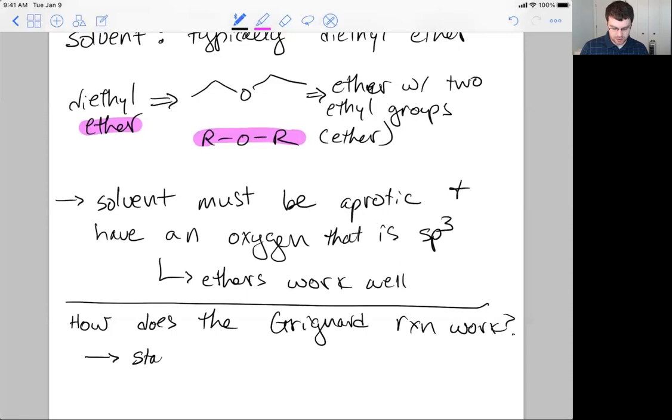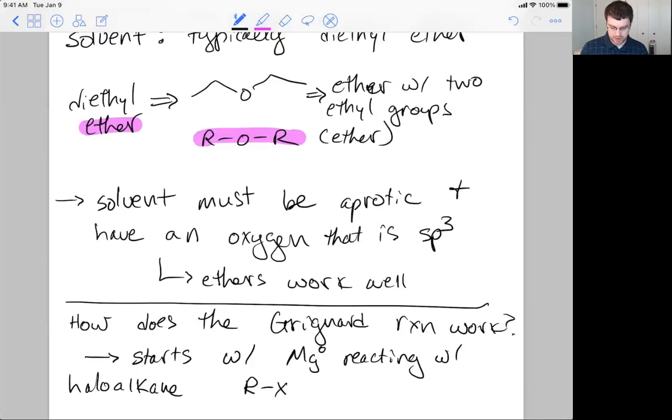It starts with magnesium 0 reacting with our haloalkane. Now what we're going to see is that if we have some RX group and that sees magnesium 0, they're going to spontaneously react with each other to make an interesting product where the magnesium is now directly bonded to the R group or the carbon atom.